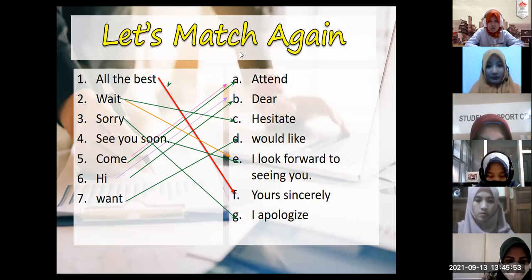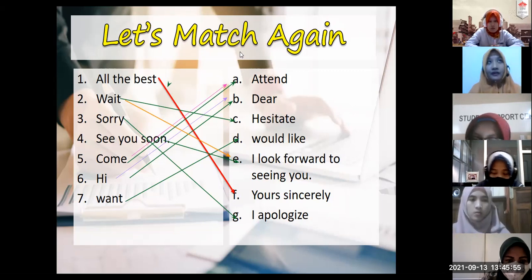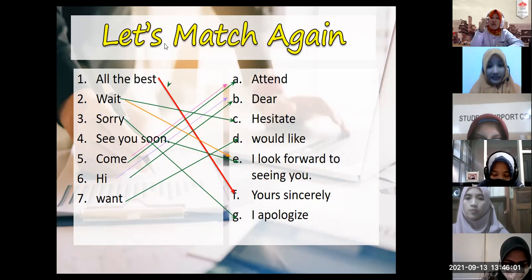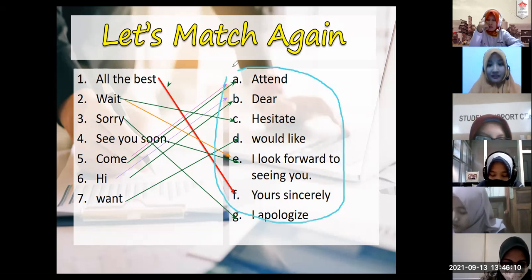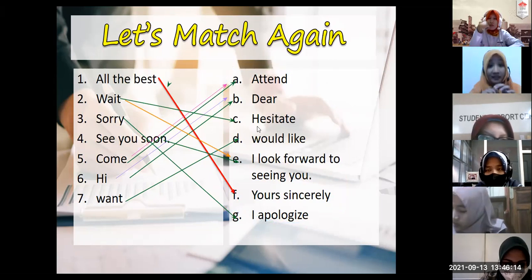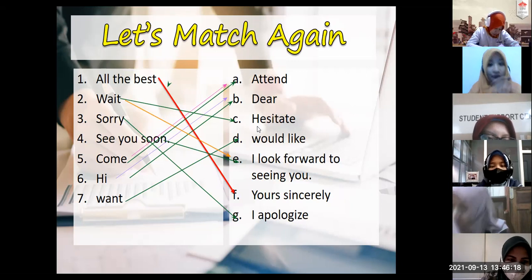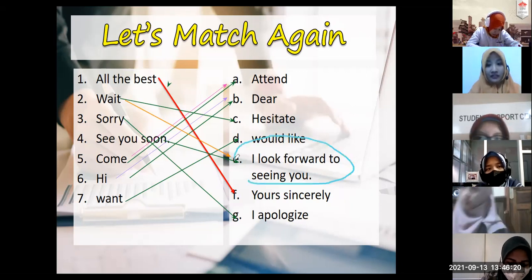Okay, so if you get used to formal language or writing formal emails, letters, or memos, these words or phrases, I think you are familiar with them, right? It's quite familiar, right, if you write or type formal emails? Dear, and then yours sincerely, I look forward to seeing you. Contact me, okay?